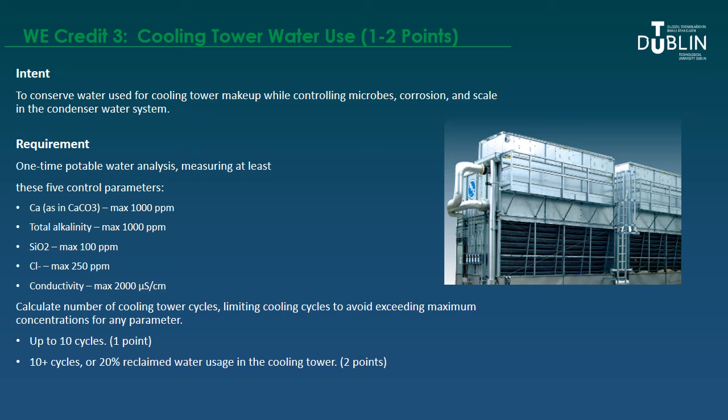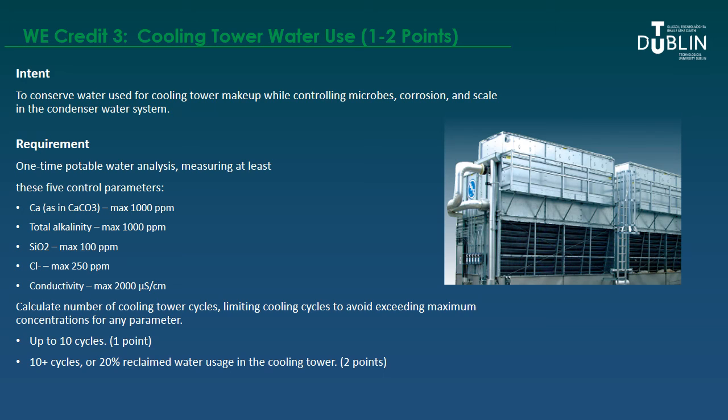So not only are you conserving water, but you're also ensuring that there is no risk of disease or ill health. And this is where you might have heard of things like Legionella, etc. So whether you're using a closed loop system, where you're not putting in fresh water all the time, you just need to keep an eye on those aspects to make sure that you're not creating a bad health situation.